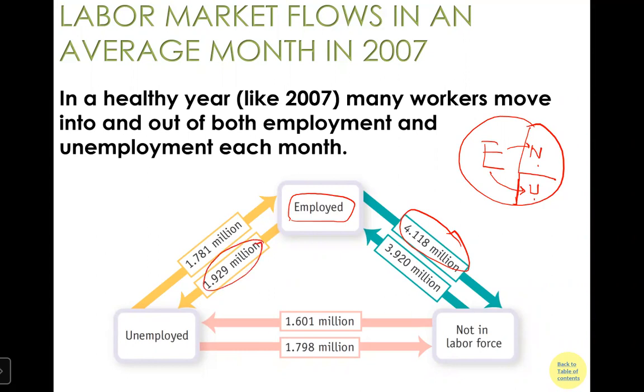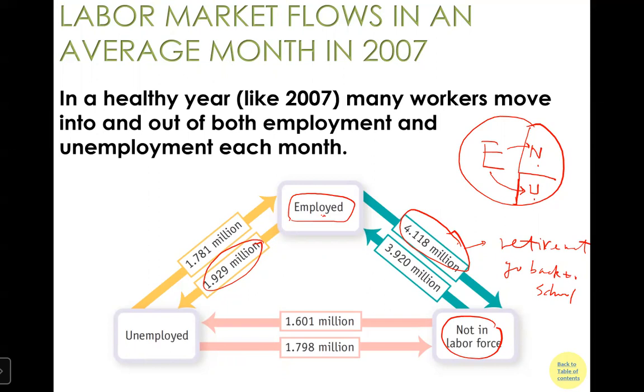Now we need to understand who moved from E to N. The largest cohort in this number is retirement. And then you also have someone who decides to go back to school, a small fraction. Those are the main individuals who move between E and N.